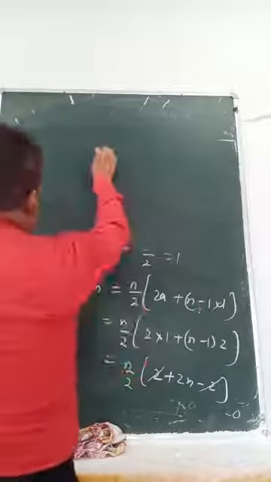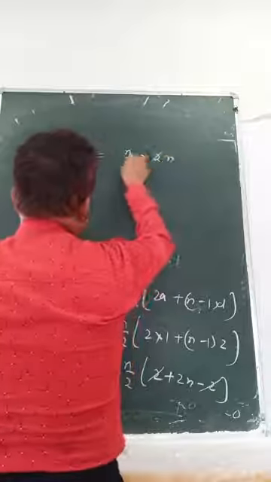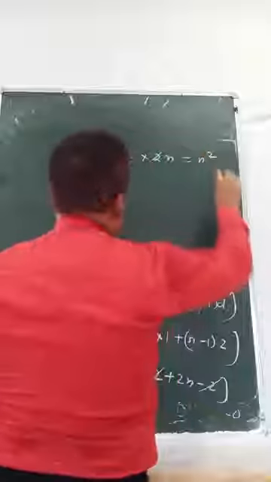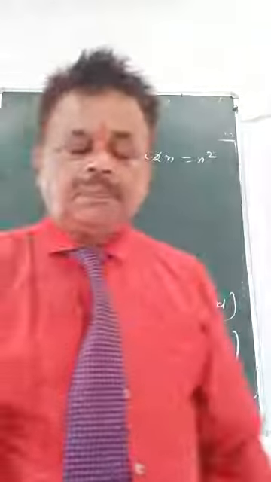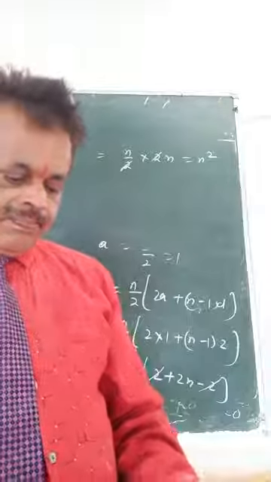That is n by 2 into 2n. 2 is also cancelled. n square. So you have to practice these questions very nicely. You will get the same question in the exam.